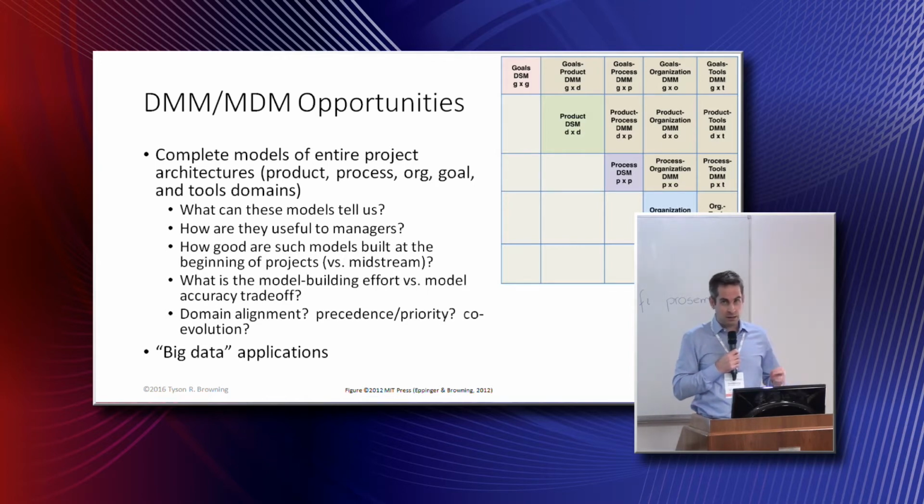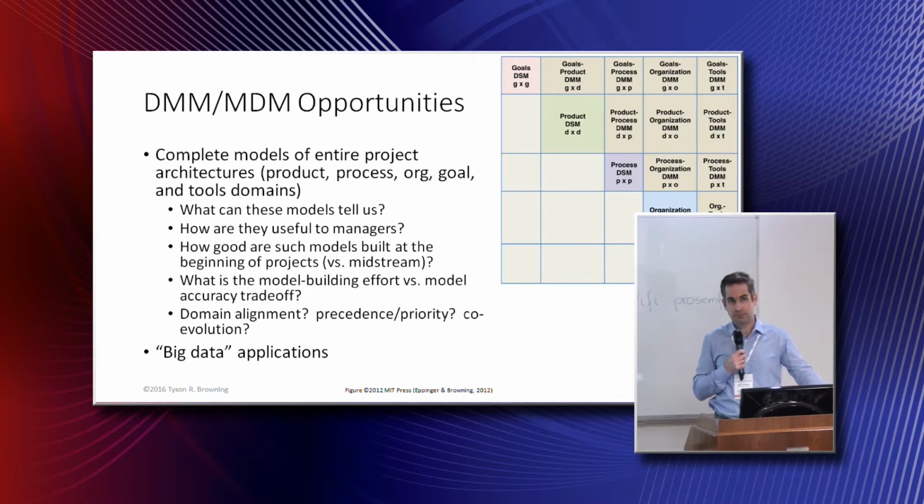And I think another interesting question for DSMs and all of these is, as I talked before about how can we measure how good or how accurate our models are, it'd be interesting to compare a model built at the very beginning of a project with the models we typically build, which are kind of midstream in projects. Once we have some information about the work and the product and the organization, we like to drop in and model that.